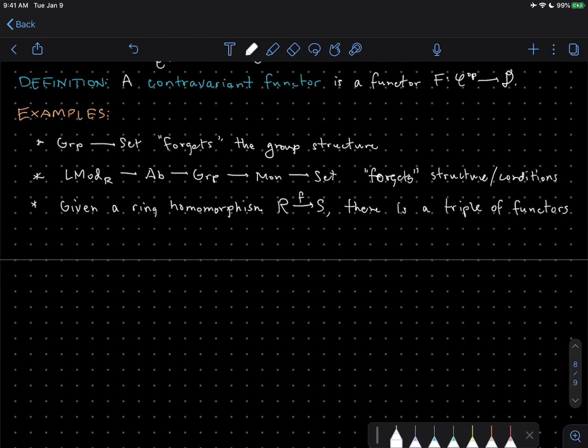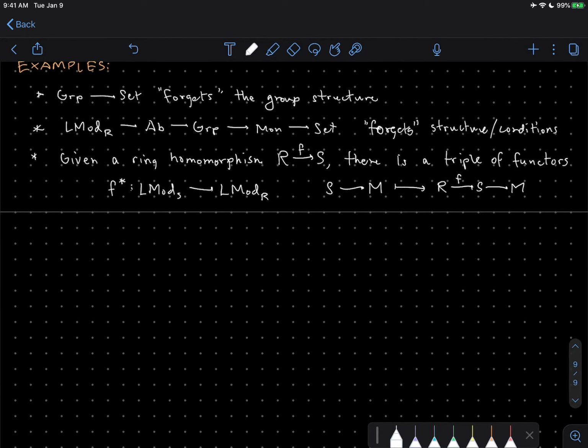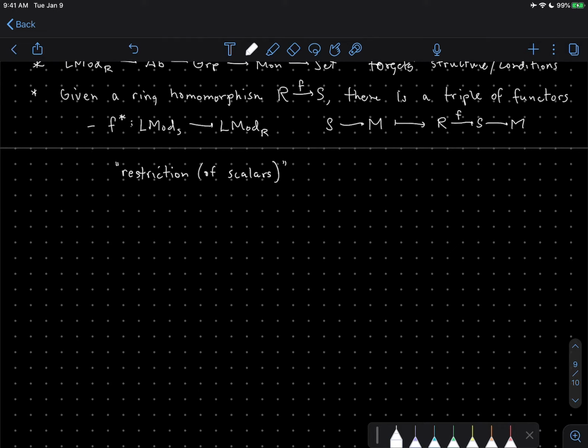The first one is called F upper star, and this is going to go from L mod sub S to L mod sub R. And what it does is it takes an S module M and maps it to the R module M, where you just compose with the map F. This is called restriction, sometimes restriction of scalars. So that's one of the functors.